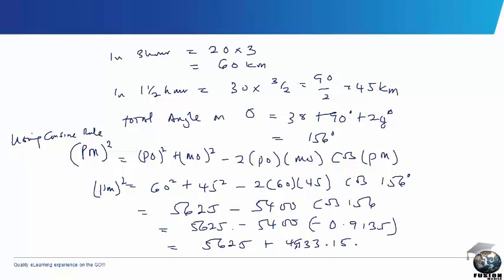And so when we add the two values, we have 5625 plus 4933.15 to be equal to PM squared.